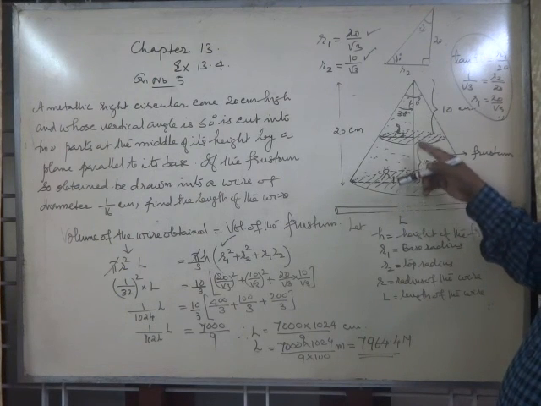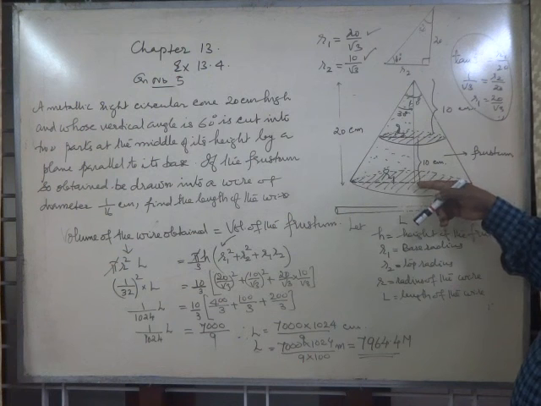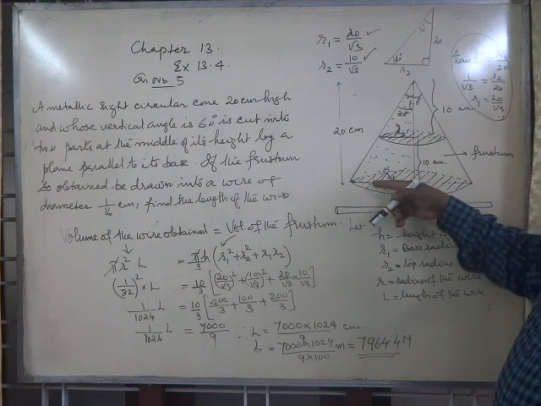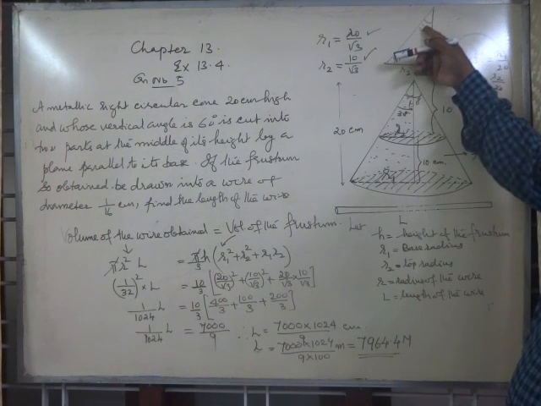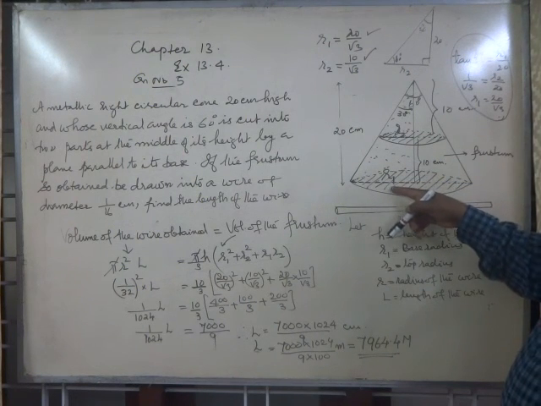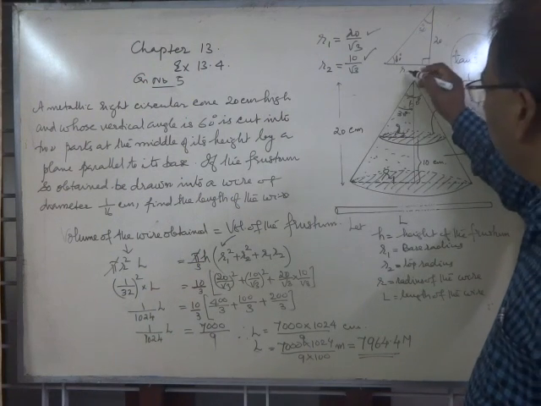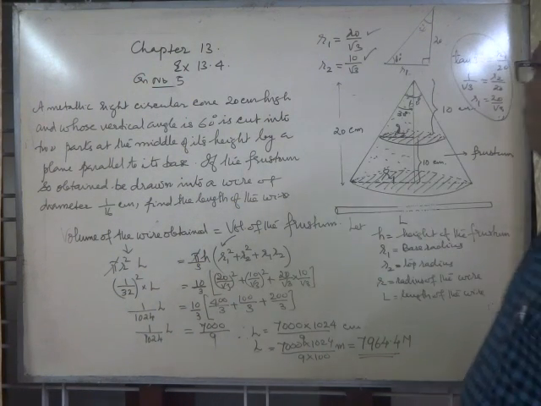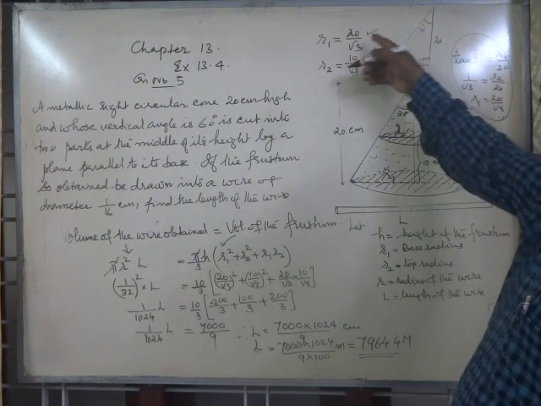See, from the apex, if we drop a perpendicular, you will get a right triangle with vertical angle 30 degree, height 20 cm. Let the base radius be R1. Then R1 will be 20 by root 3.